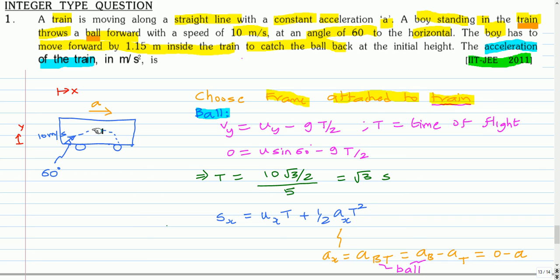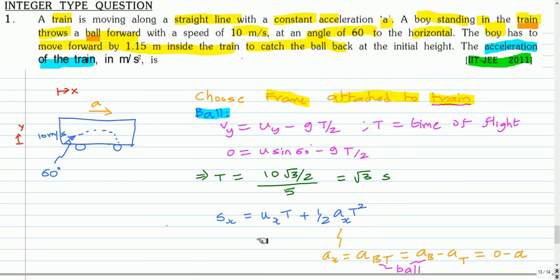The time taken to reach the maximum height is half the time of total flight, that is capital T by 2, where capital T is the time of flight, and v at this maximum height point is 0. Initial velocity is u sine 60. From this we can get the time of flight as root 3 seconds.